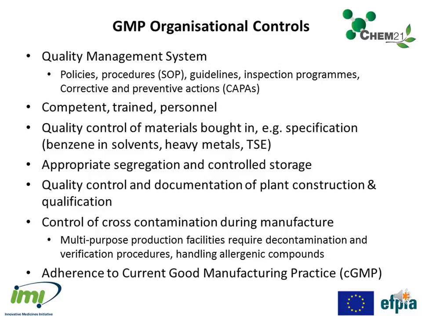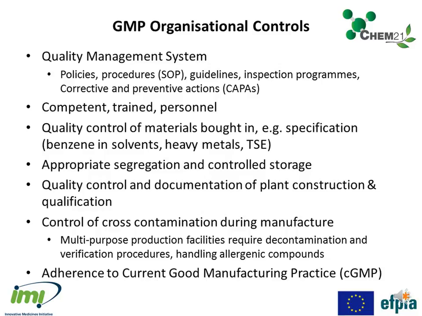So let's have a look at a few of the GMP organisational controls we might find in a plant that would make APIs. So we'd expect to see a quality management system, that's policies, procedures, SOPs, guidelines and inspection programs, corrective and preventative actions for investigating deviations, competent trained personnel, quality control of materials that are brought in, segregation and storage of materials, quality control of plant construction and qualification, control of cross-contamination during manufacture.